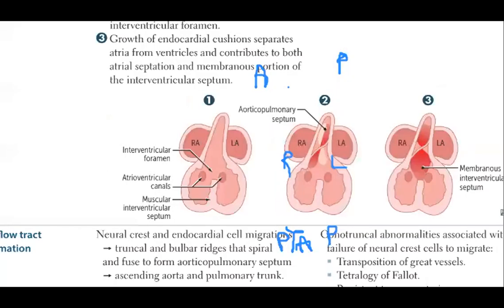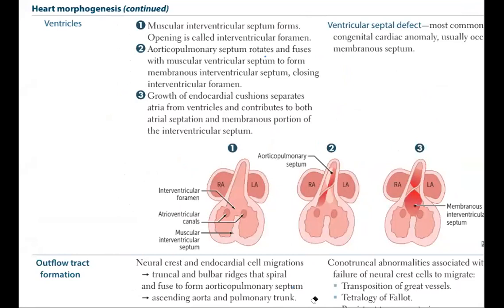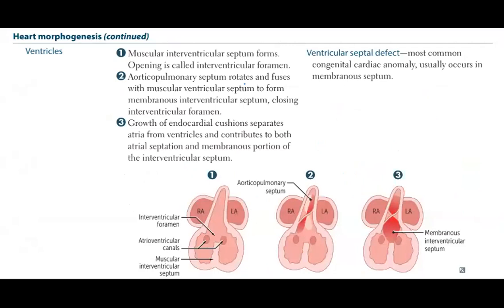Let's move to the book. Muscular interventricular septum forms. The opening is called interventricular foramen.